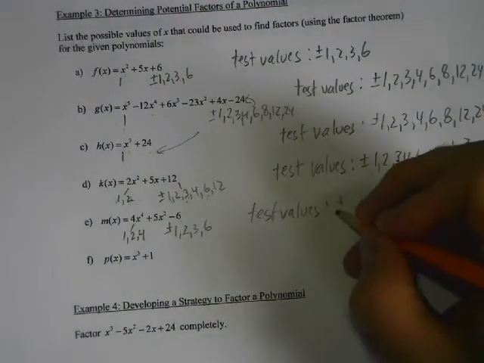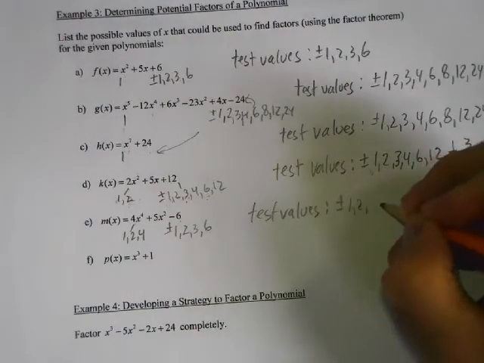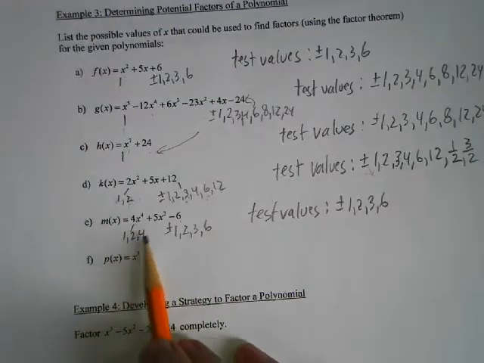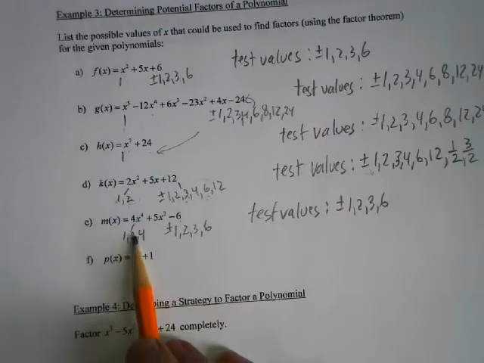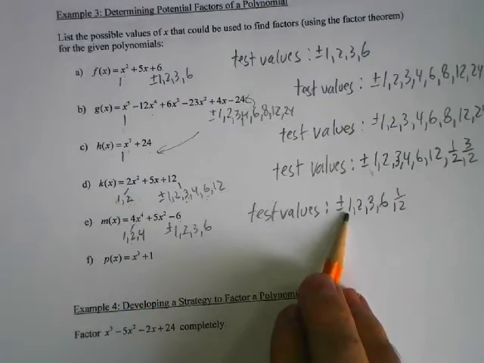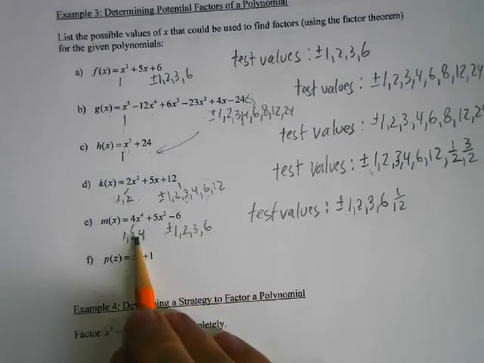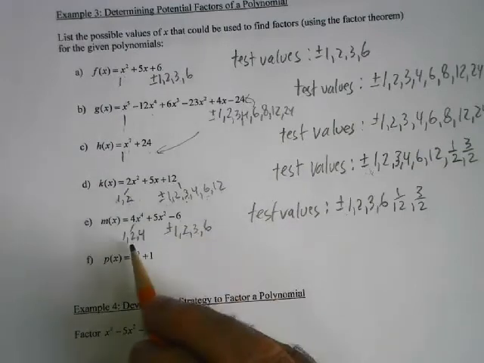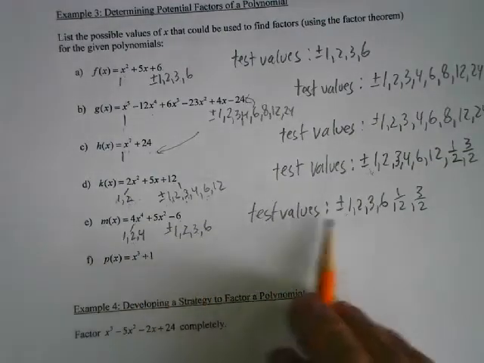So it's plus or minus 1, 2, 3, 6. And now we divide by that 2. So it's 1 over 2, that's new. 2 over 2, we've got that there, 1 already. 3 over 2, that's new. And 6 over 2 is 3, but we've already got 3.